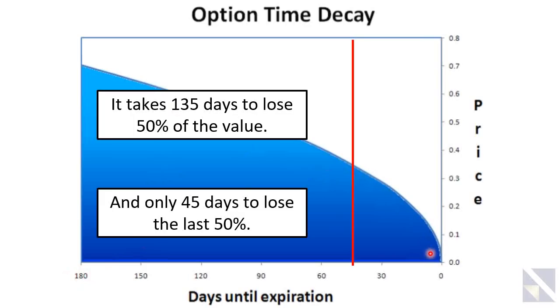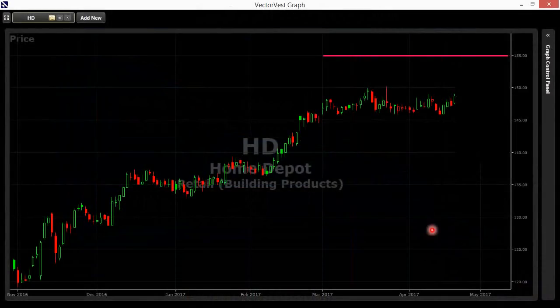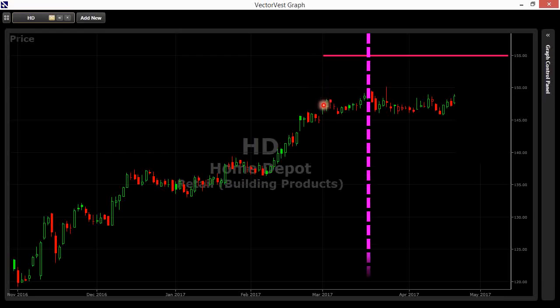It drops off exponentially. So if you've got a stock and you place the trade here on this day, a lot of people who do it wrong buy a really cheap option that expires only like a couple of weeks away because it's cheap. Or they buy this one that's only like a month away because it's still cheap.